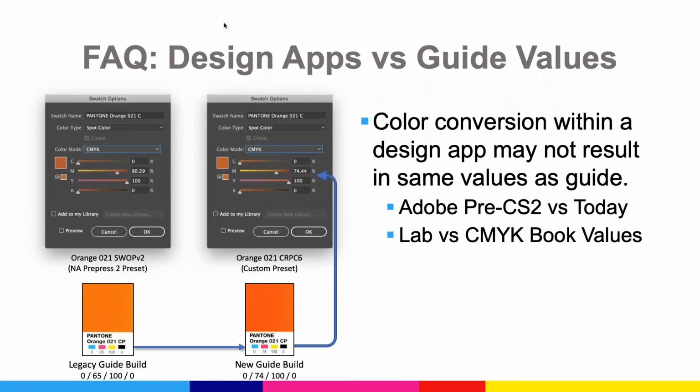You see an example here. We have the legacy guide where things have converted and we have numbers that don't necessarily match up to what was printed in the book. In our old guide, you see the numbers are different.